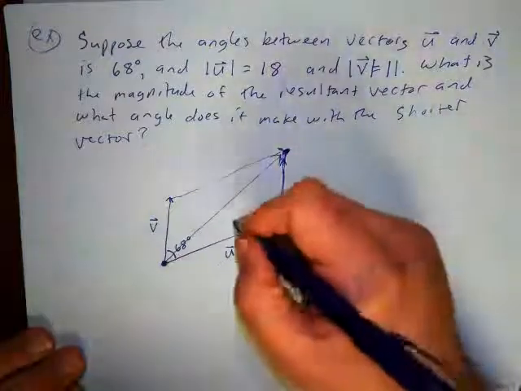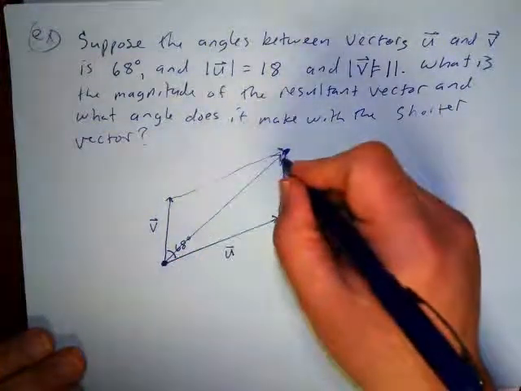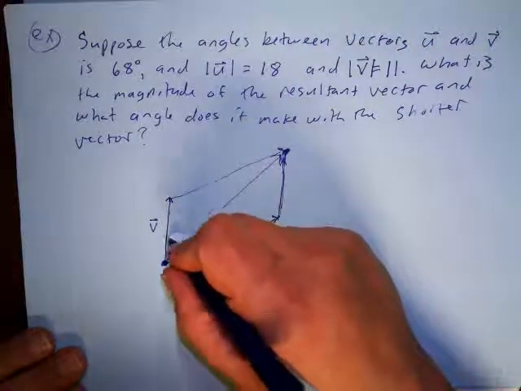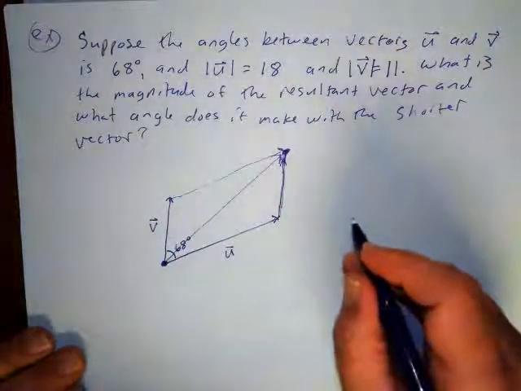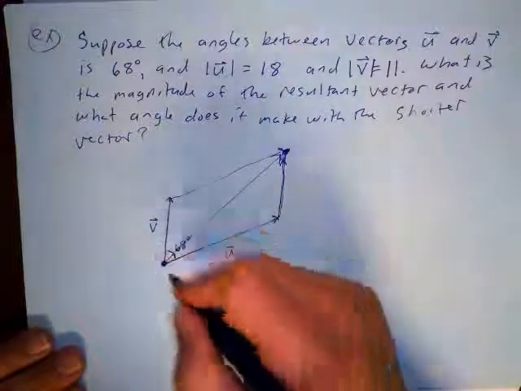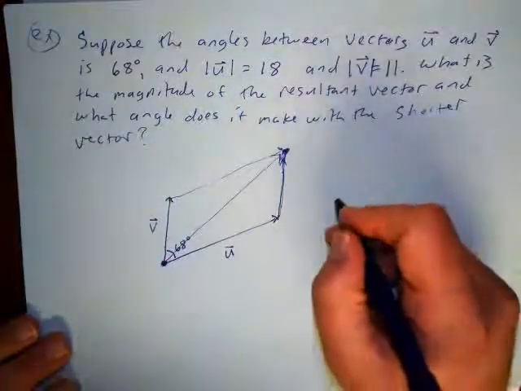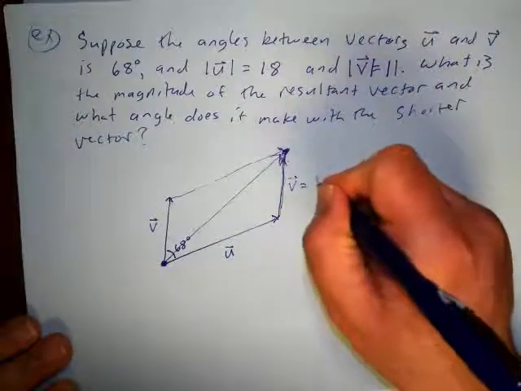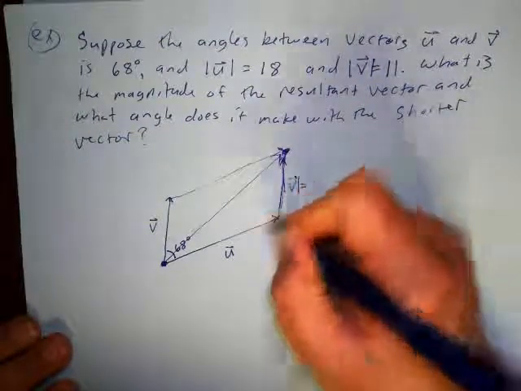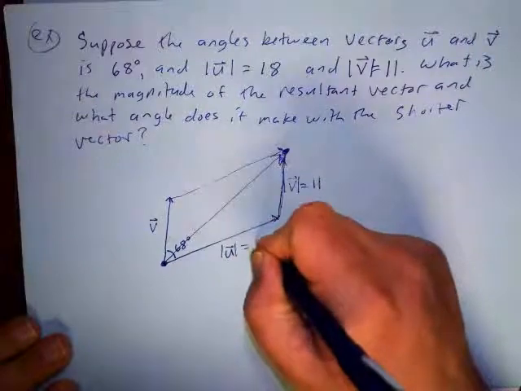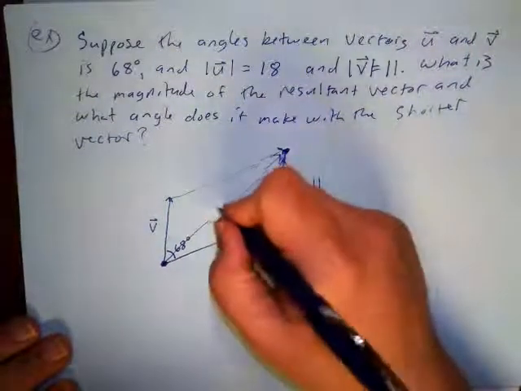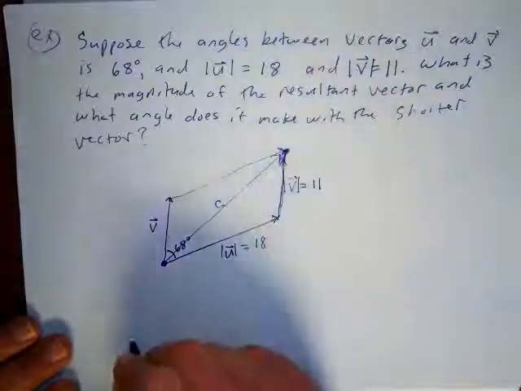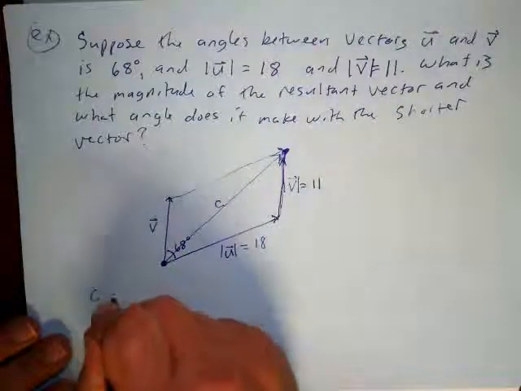We want to find the magnitude of that and this angle here that it makes with the shorter vector. This is v, so this is 11, the magnitude of v. The magnitude of u is equal to 18. We'll call the magnitude of the resultant c.